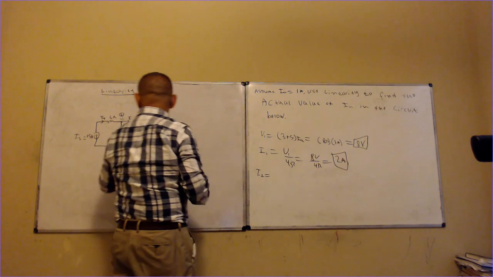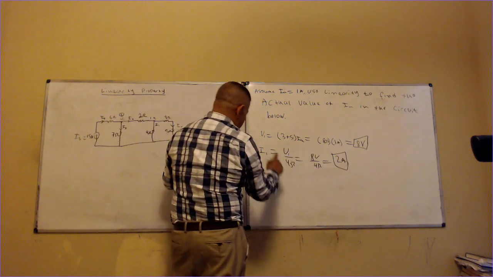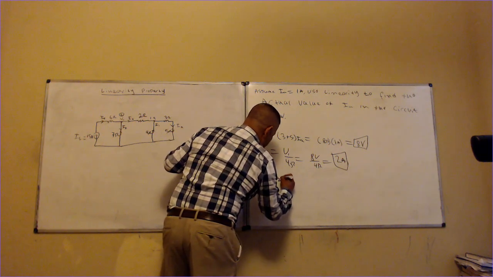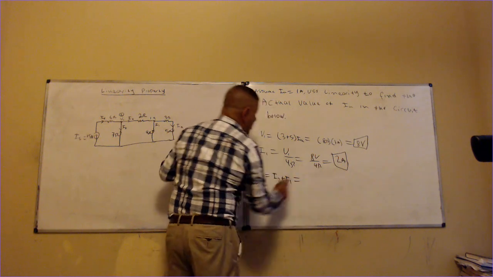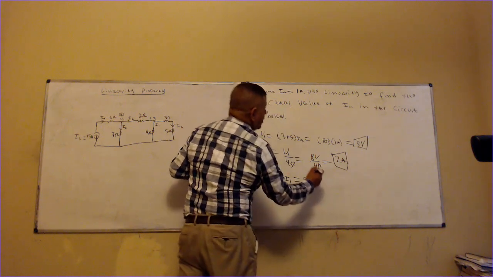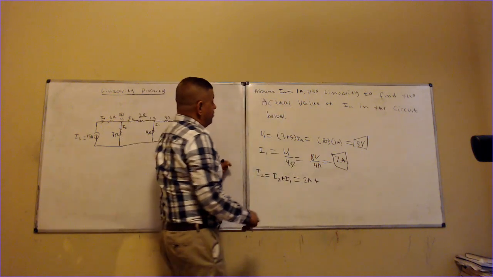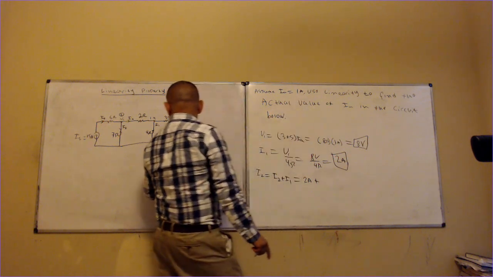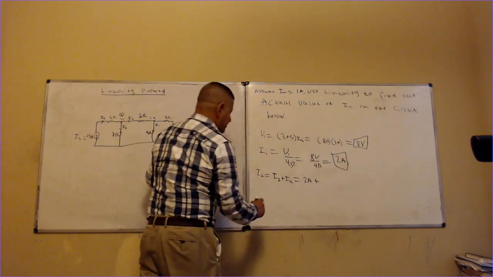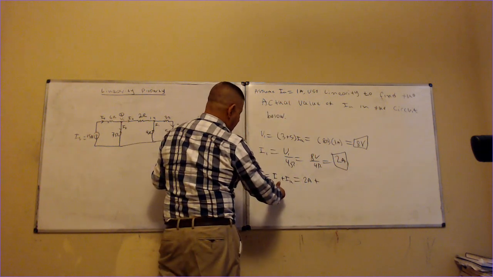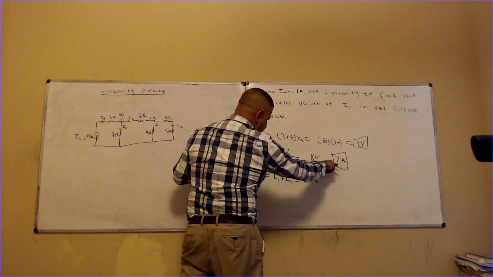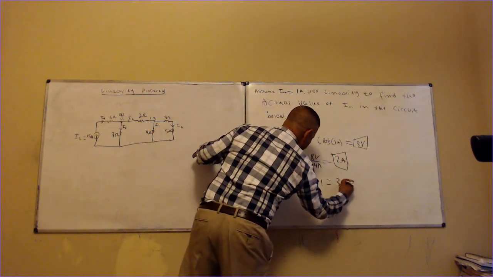Because I found I1, I2 is I1 plus IA, which is 2 amps plus the one that was given, IA. I know that I1 is 2, so it's going to be 3 amps.